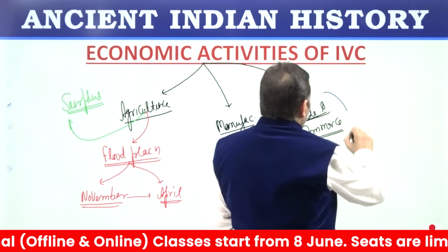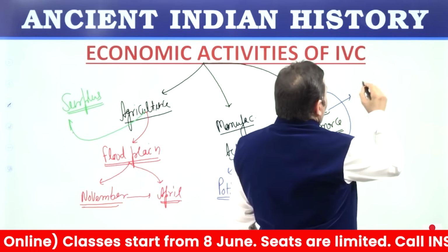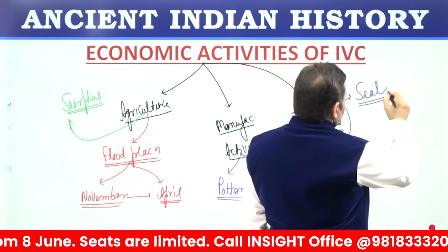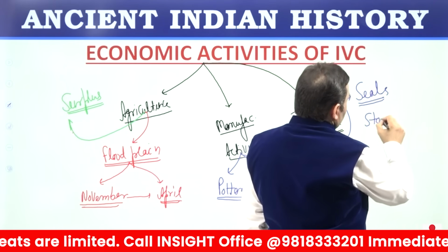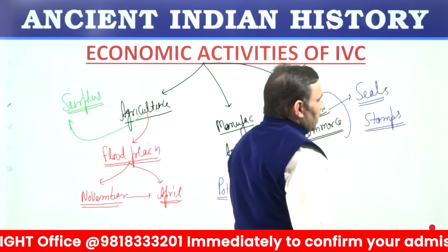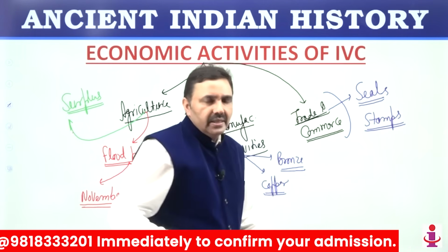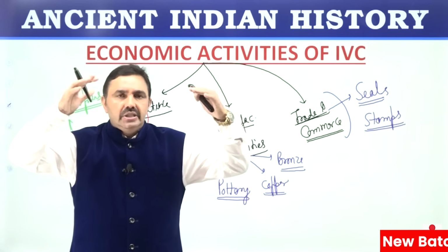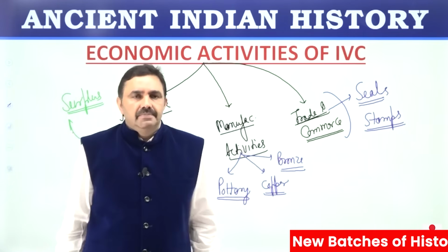Trade and commerce they also used to have, and in trade and commerce they used to use seals. Seals were like today's stamps. What was the use of seal? Whenever Harappans used to send their goods from one place to another, they used to wrap those goods in cloth sheets.